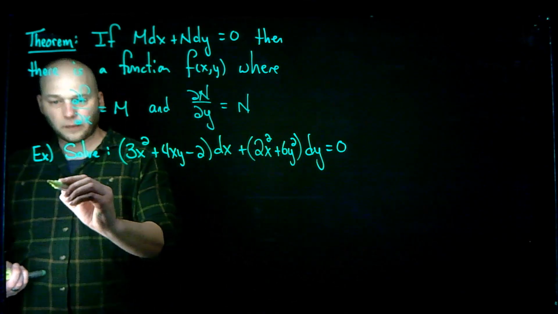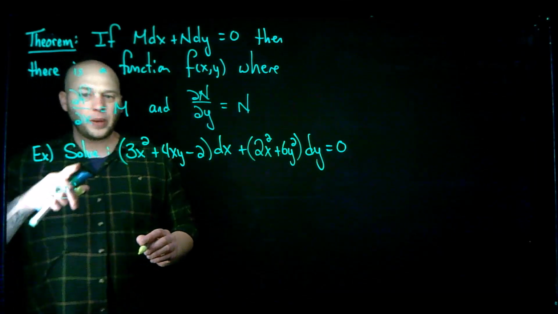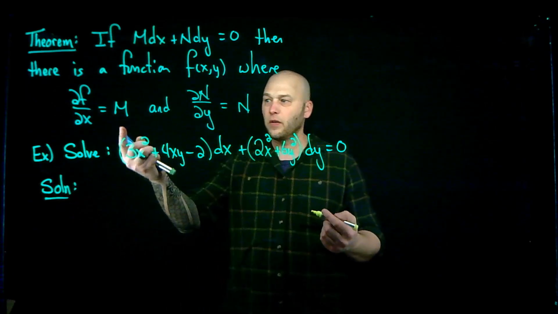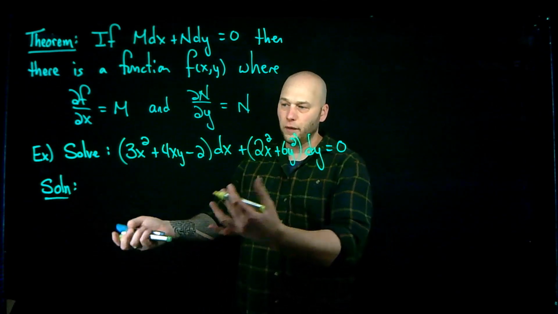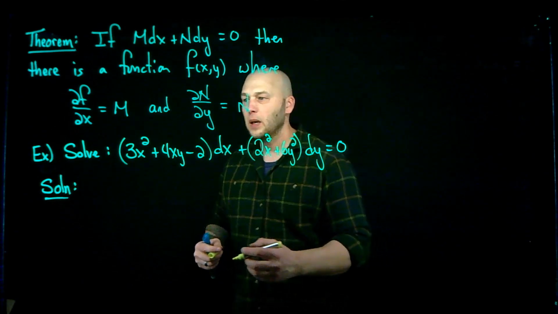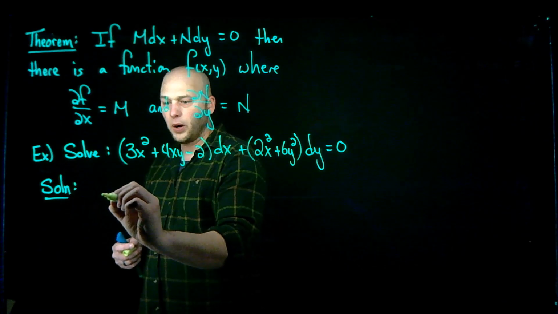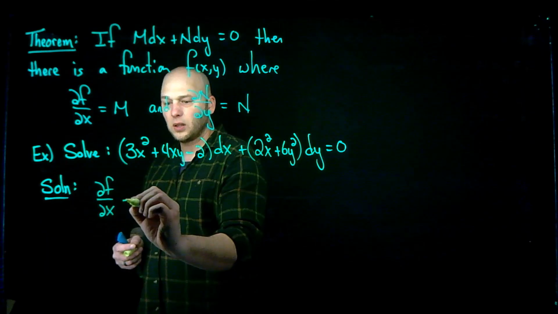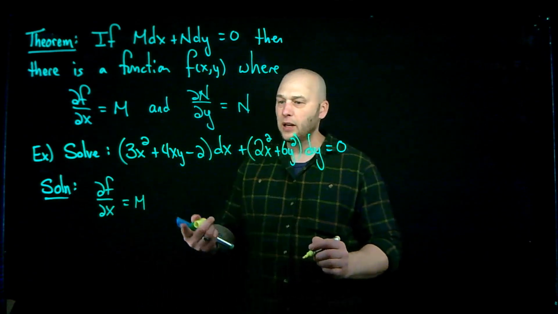Okay, so solution. What I'm going to do is pick one of these derivative statements, and I'm going to get some information about the unknown function f, and then I'm going to use the other derivative statement to finish finding that information. In particular, let's start with this statement over here, that the partial derivative of f with respect to x is equal to M. Now, within that equation, I know what M is.